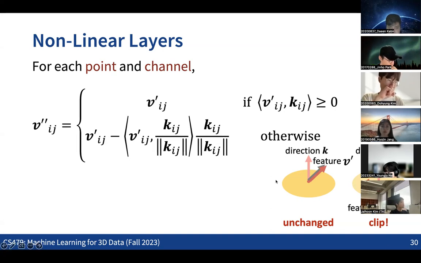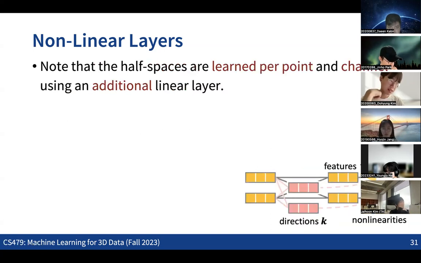Yeah. So this is the simple idea for achieving rotation equivariance in the activation function. The one major difference from the 1D case, with the vanilla PointNet, is that now we are not using a predefined half space, but a learned half space, learned for each point and channel.